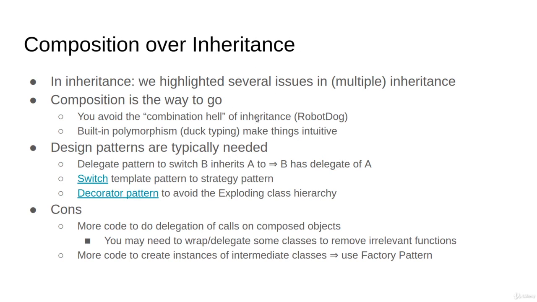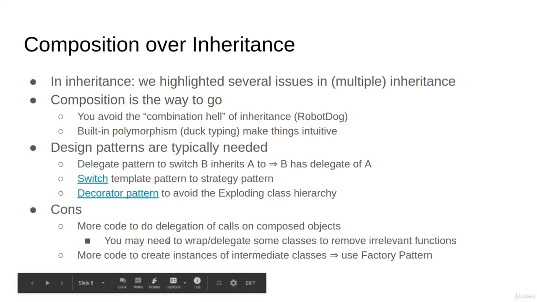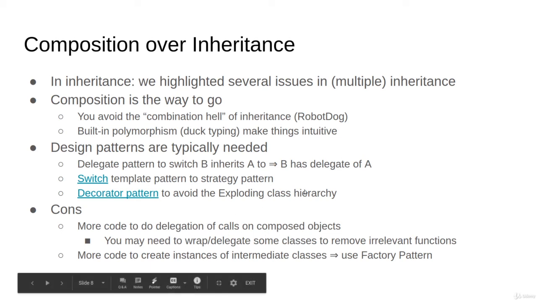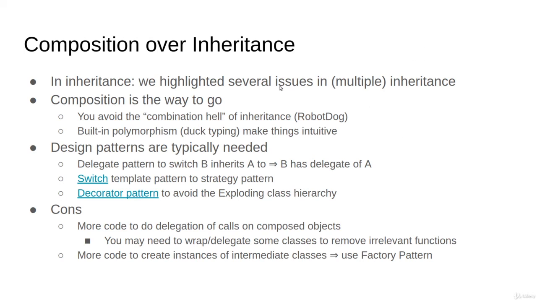There is a penalty for switching from inheritance to composition, which is typically that you have to write more code to do the delegations. What do you mean by delegation? When you receive a call, you are now just calling your internal class. So let's say you would like to implement, for example, an employee.